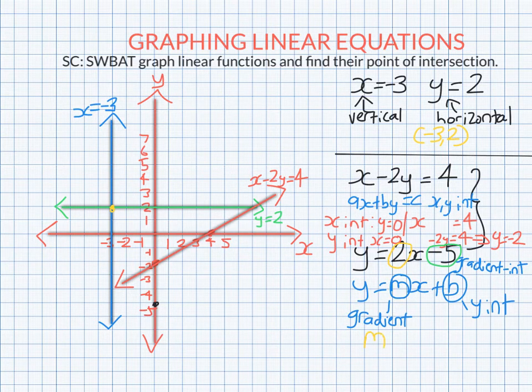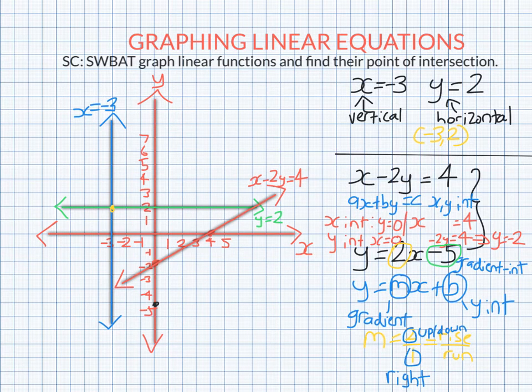The gradient is 2 over 1. And remember, the gradient is the rise over the run. So this number on the bottom tells you how far you go to the right. You always go to the right. And this number here tells you how far you go up or down. If it's positive, you go up, and if it's negative, you go down.